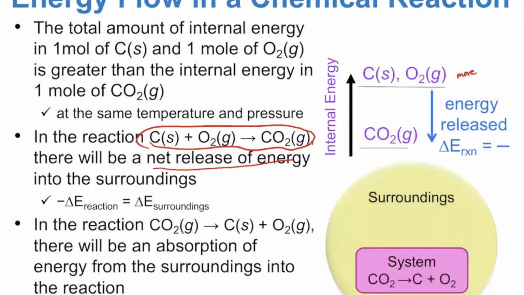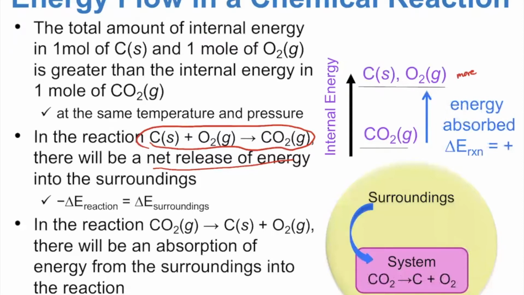However, if we turn it around, where your products have more energy than your reactants, what's going to happen is that the reaction, in order to proceed, is going to need energy from your surroundings.